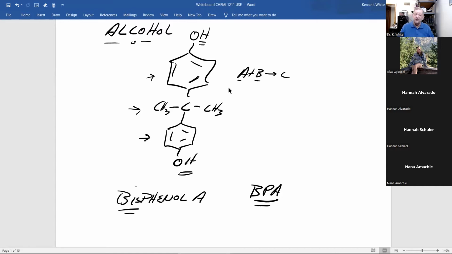And if you don't do a good job purifying C, what you made, in C there's going to be A and B. Well, that turns out when they make certain plastics with BPA, bisphenol A, or certain coatings, what's that mean? It means there's going to be some unreacted free BPA in those products. And it turns out the human body, by touching things with BPA or ingesting it, can absorb it.